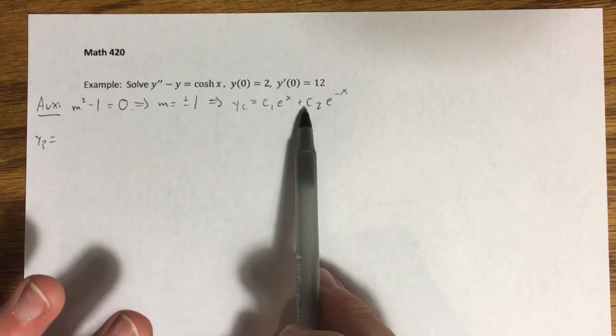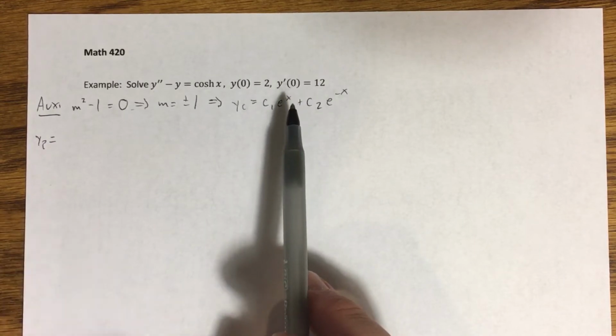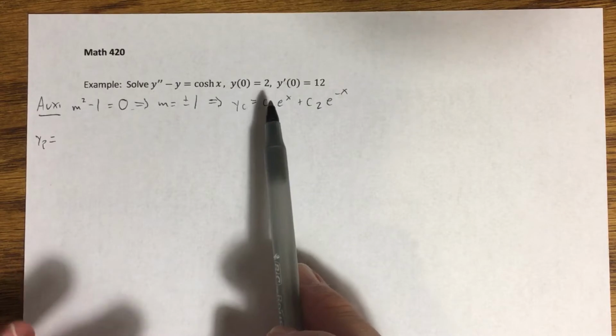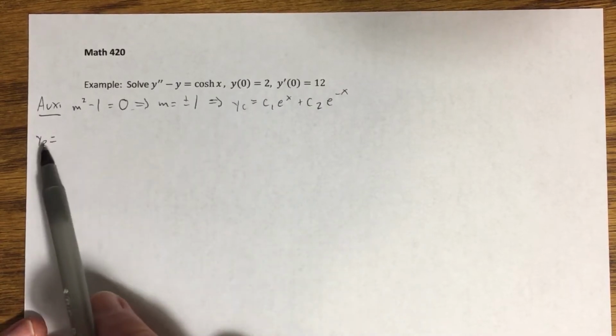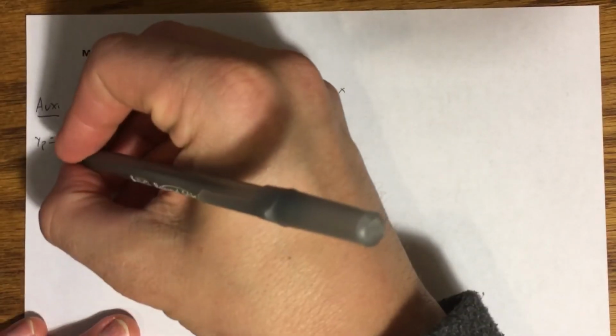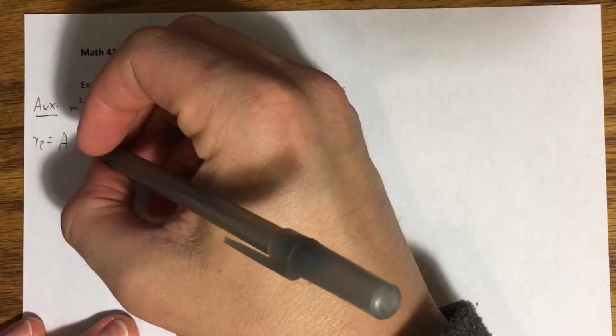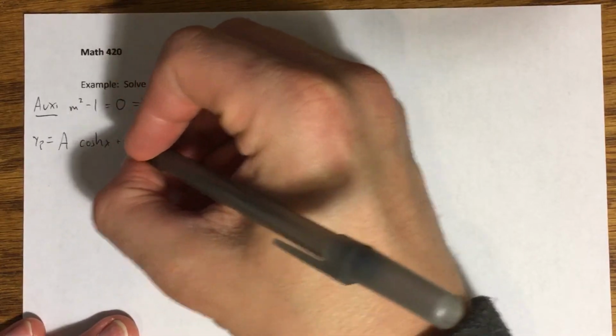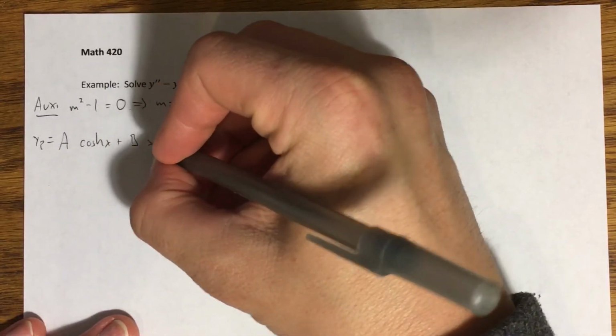Now, looking at this complementary solution, remember what we're supposed to be doing is checking what we would expect our yp to be against the terms that are appearing here. You would expect yp to look like this: a cosh of x plus b sinh of x.